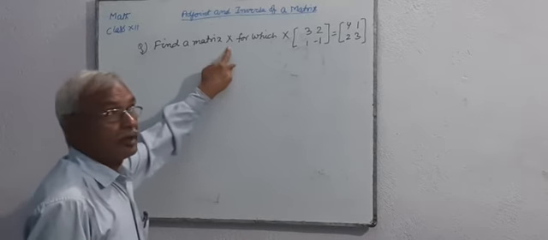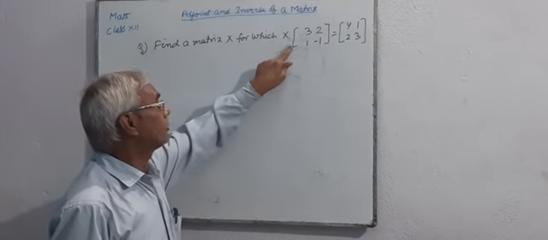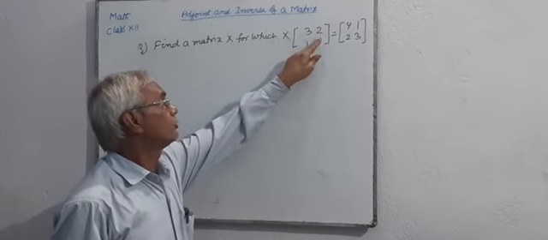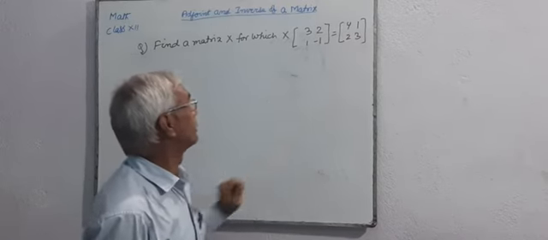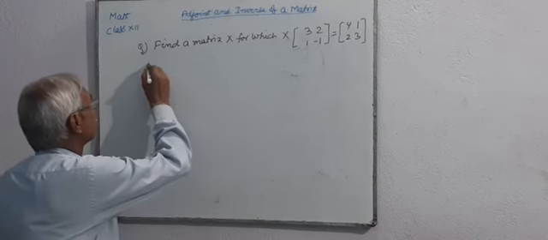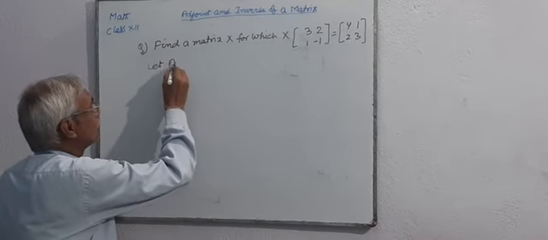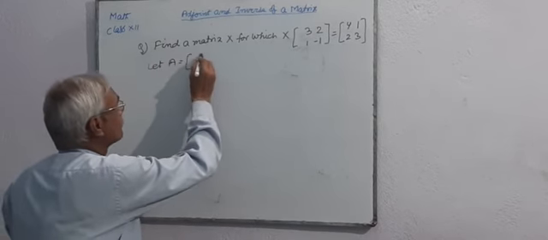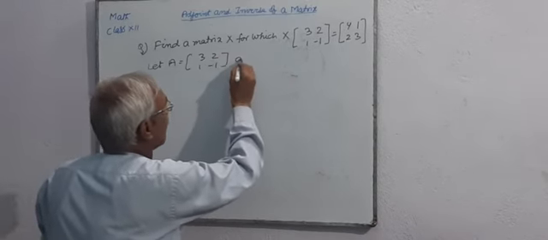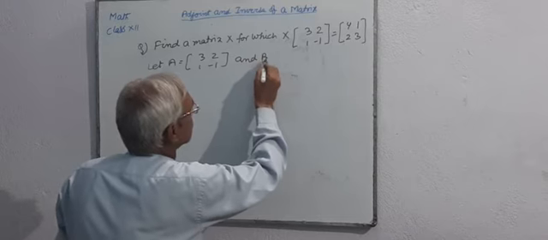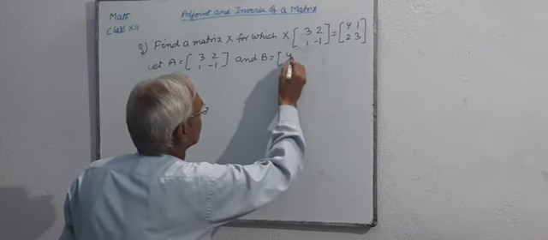Find a matrix X for which X times [3 2; 1 -1] equals [4 1; 2 3]. Let A = [3 2; 1 -1] and B = [4 1; 2 3].